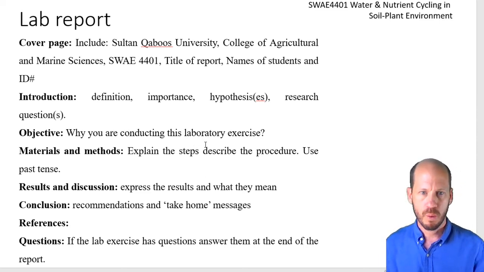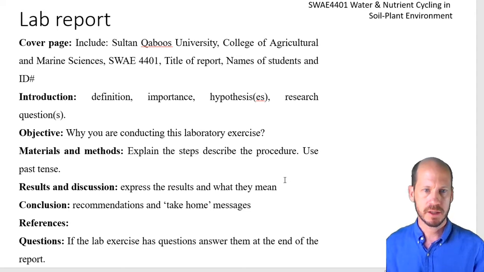The introduction should tell you why you are doing this practical, what is the importance, what is the justification, what is the background. On top of that, if it's an experiment, you should detail your hypothesis for that experiment and the research questions that drive that hypothesis. Next, you should state clearly what the objectives of this practical are.